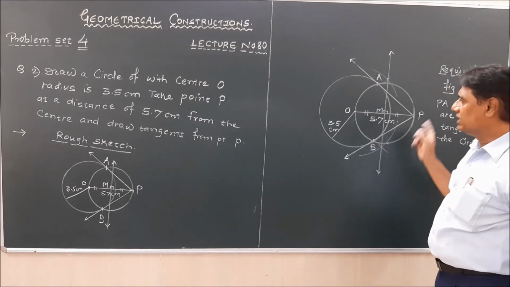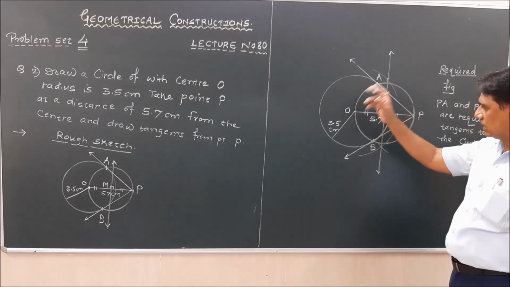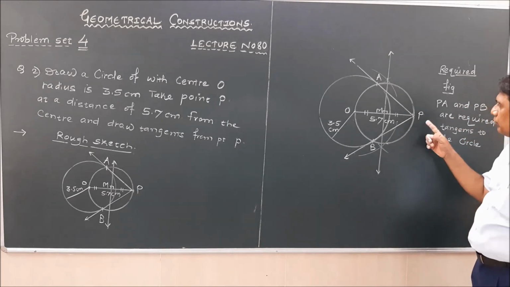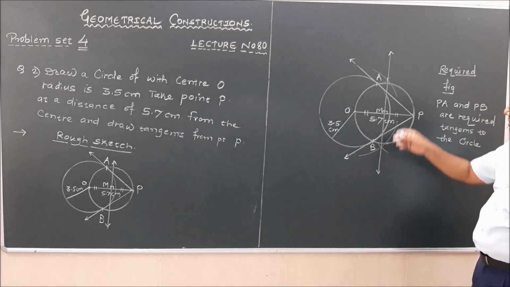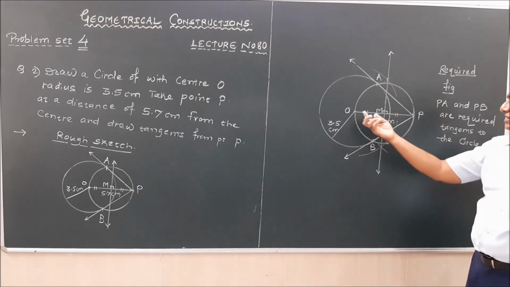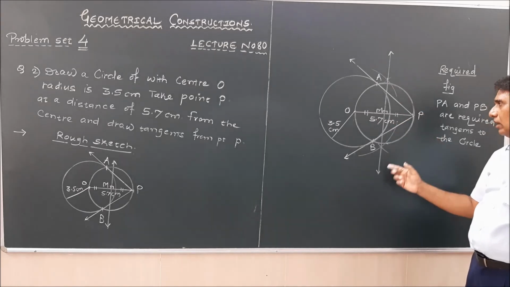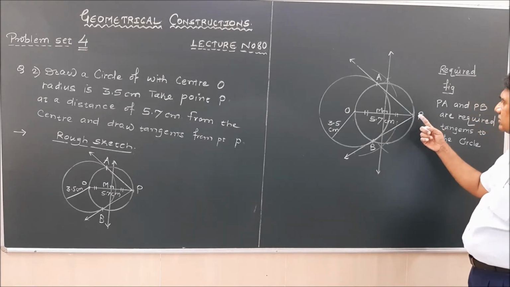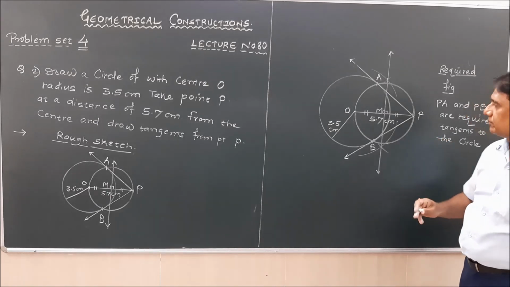Okay, so first, let's take a review of this construction. First of all, I have drawn the circle of radius 3.5. After that, I have taken the point P at a distance of 5.7. Then I join OP and draw a perpendicular bisector. For that I place the metal point on O, take a distance more than half, and draw one arc above OP and a second arc below. Then without changing that distance, I place the metal point on P and draw intersecting arcs.